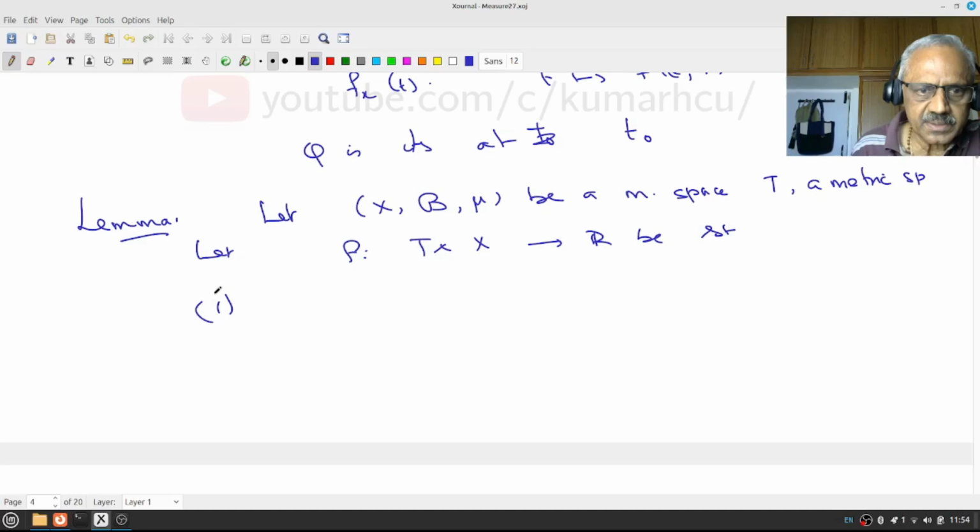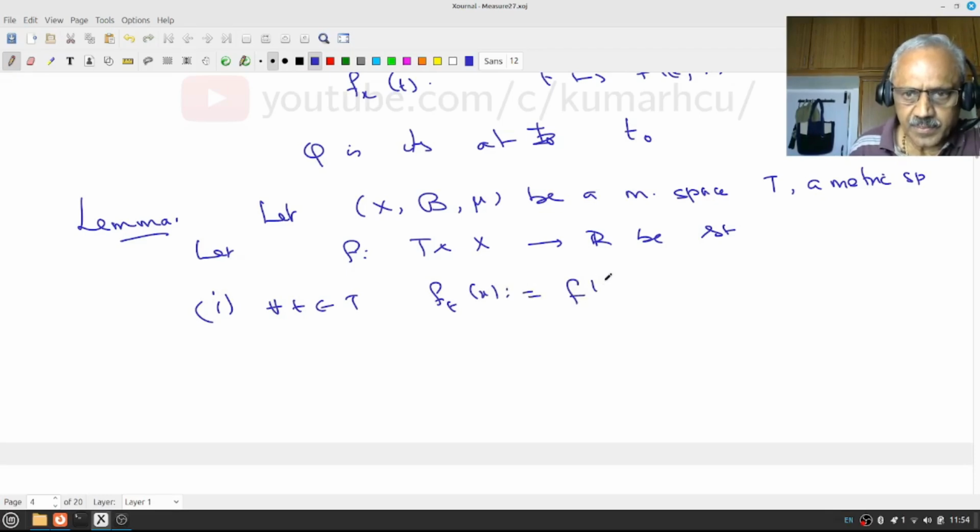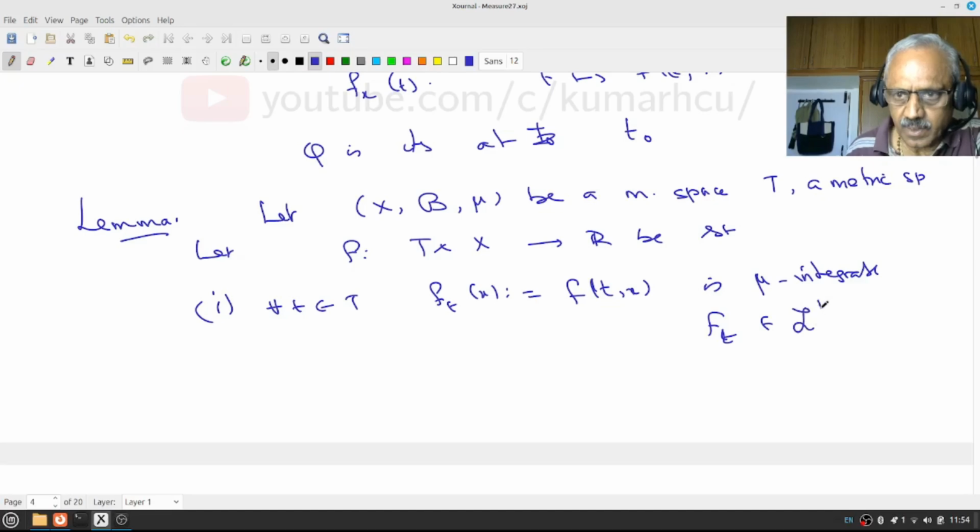The first thing is for each t in T, F_t of x, which is defined as F of (t, x), is mu integrable. That means F_t belongs to L1 of mu. In particular each F_t is measurable and mu integrable. When I say mu integrable, it's part of the deal.